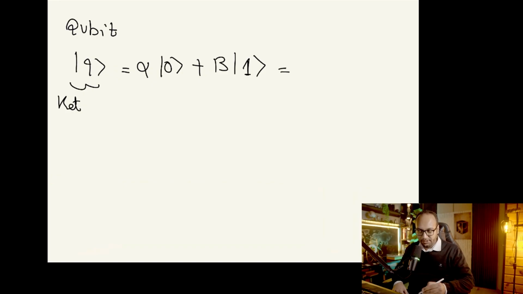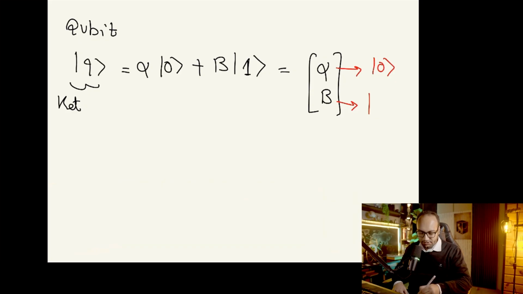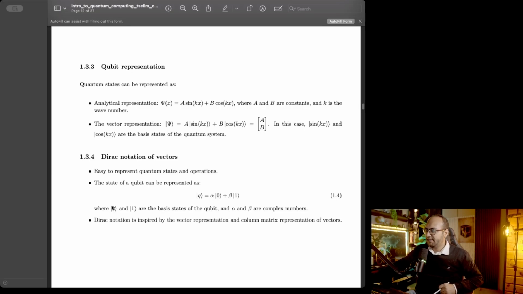If we would like to represent this as a column vector, then we have alpha and beta, and immediately we understand that this location corresponds to alpha, which is next to the ket 0, and beta is the coefficient next to state 1. And this is what we can see here: the qubit in terms of alpha and beta can be represented as a vector. Okay, so why is this important?